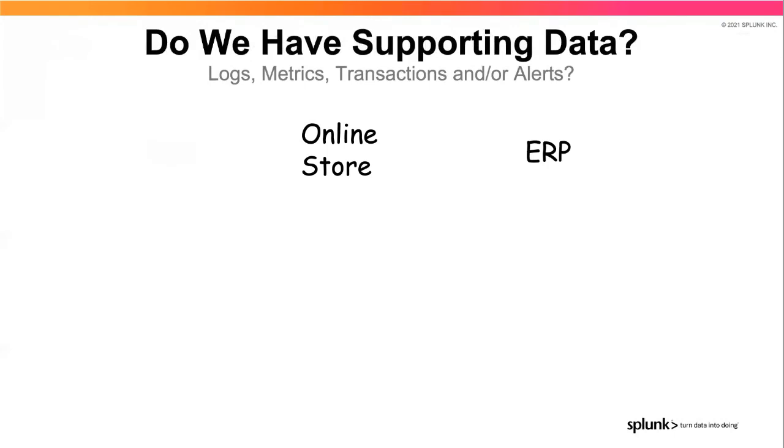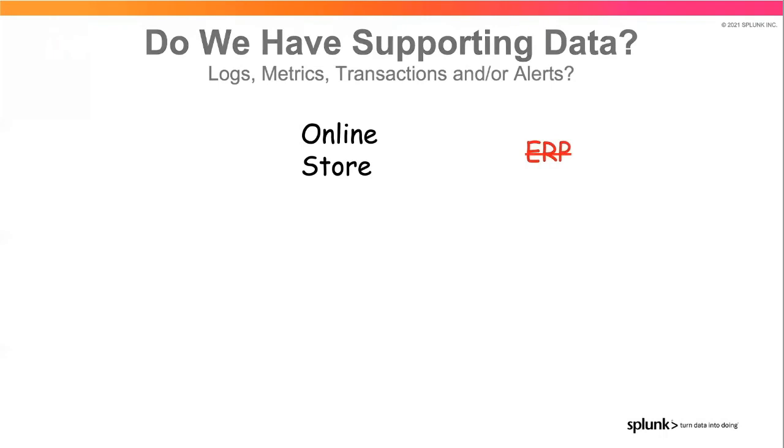One of the next questions we may want to ask ourselves is, do we already have this data in Splunk, or can we get access to the data? It's worth mentioning that if we can't pull the data into Splunk, then we really can't model the health of that particular service inside of ITSI. And if we want to fast track the service to go model, we may want to choose a service that already has some data inside of Splunk.